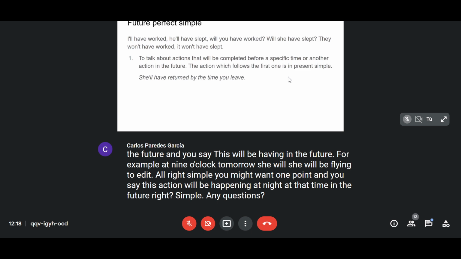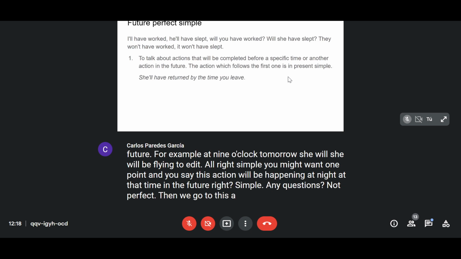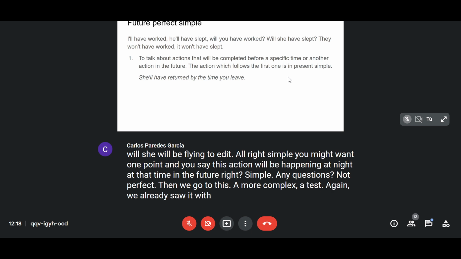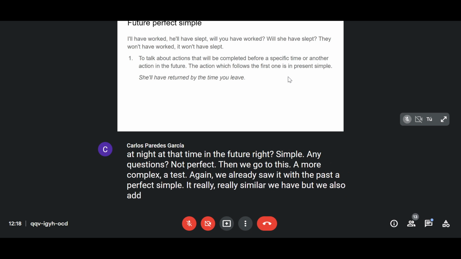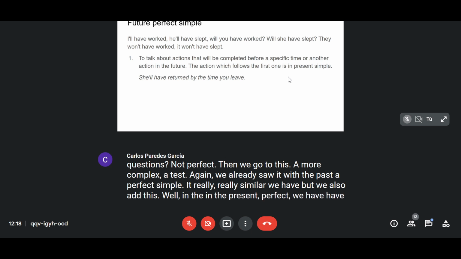No, perfect. Then we go to these more complex tenses. Again, we already saw it with the past perfect simple. It's really, really similar. In the present perfect, we have have plus the verb in past participle.